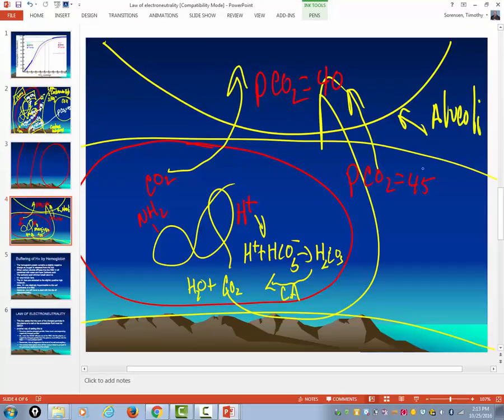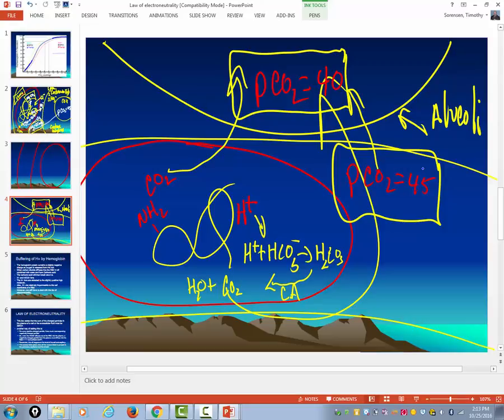We learned the alveoli is a one-cell thick air sac, and the pulmonary capillaries are a one-cell thick blood vessel. Now, the PCO2 in the alveoli is 40, but the PCO2 of venous blood is 45. So the PCO2 is going to leave by pressure into the alveoli, and you will exhale it.